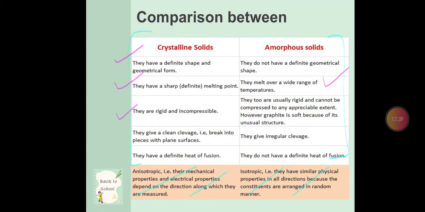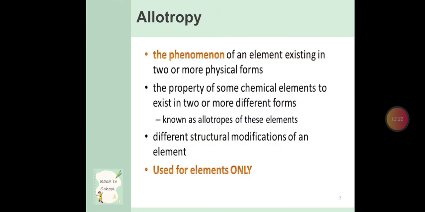Okay. All right, allotropy is the phenomenon of an element existing in two or more physical forms. One important thing is that we are dealing at this moment with an element only. The existence of more than one physical form of an element is called allotropy. It is a property of some chemical elements in which they may exist in two or more different forms.